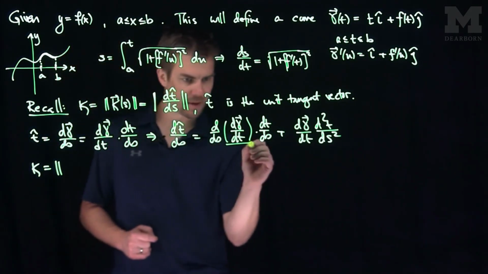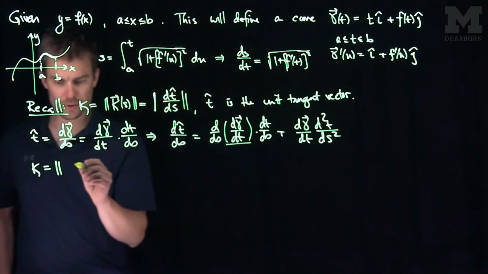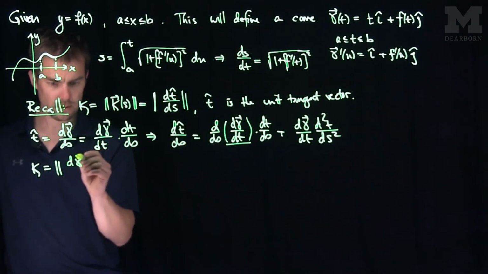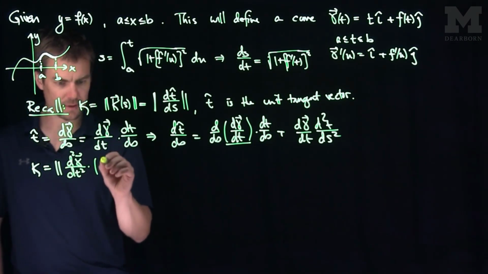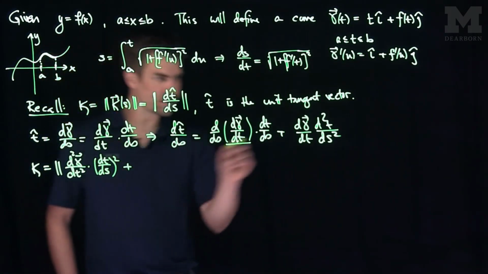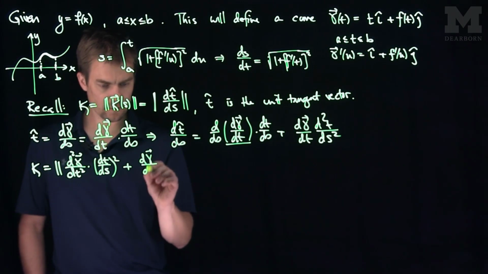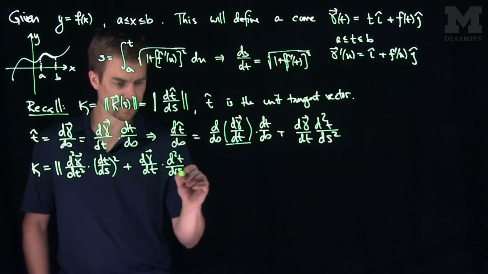And now let's simplify this over here. So what's d by ds? d by ds is d by dt times dt/ds. So this will be the length of d squared gamma/dt squared times dt/ds quantity squared plus d gamma/dt times d squared t/ds squared.